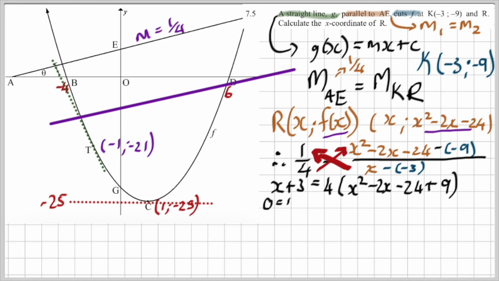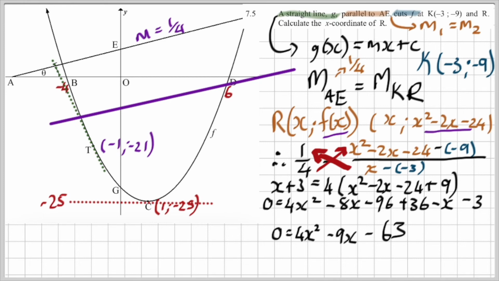So I'm going to simplify, transpose, multiply out brackets, and put it in standard form. Now I have to factorize, and this is a difficult factorization. If it is too complicated, do not feel ashamed of using the quadratic formula. My students use all the techniques that are available. Use all the tools that are available for you.